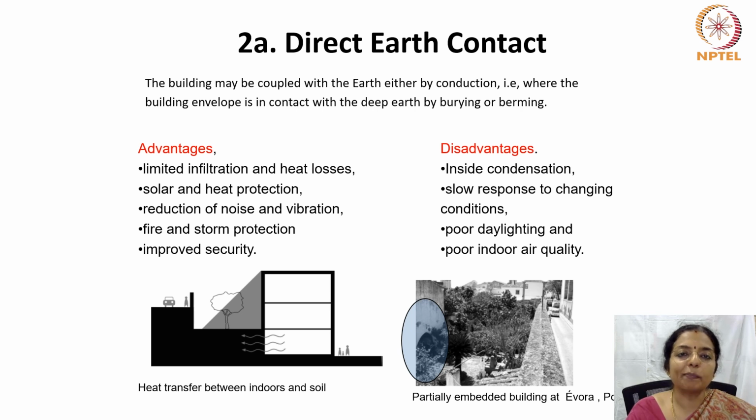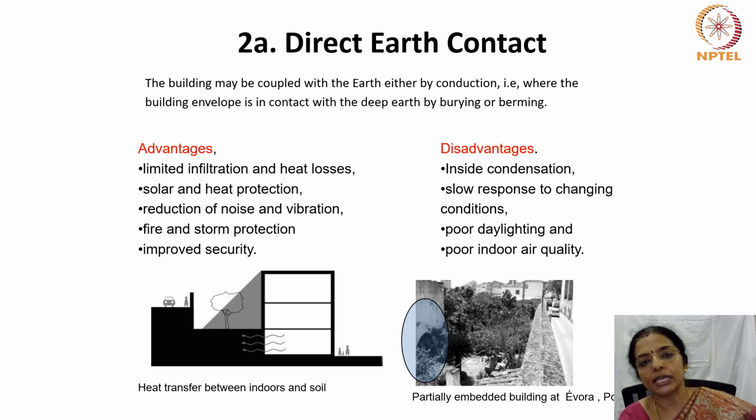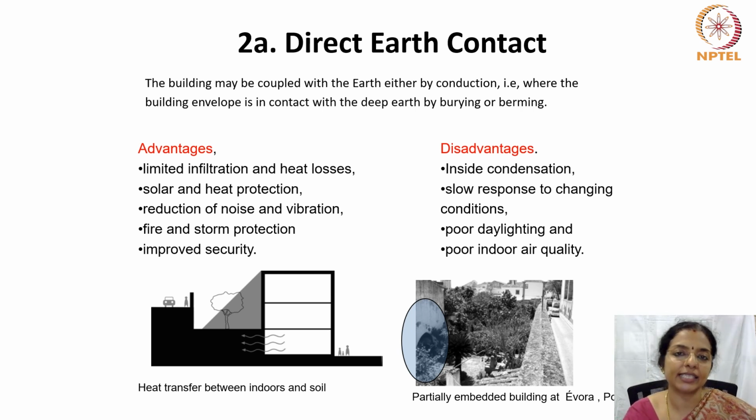I will just briefly tell you about the direct earth contact, because I have told you already we have seen this in the earth berming as a separate technique. But since it's the same principle, I have included a little bit of it. So in this case, the building is coupled with the earth.